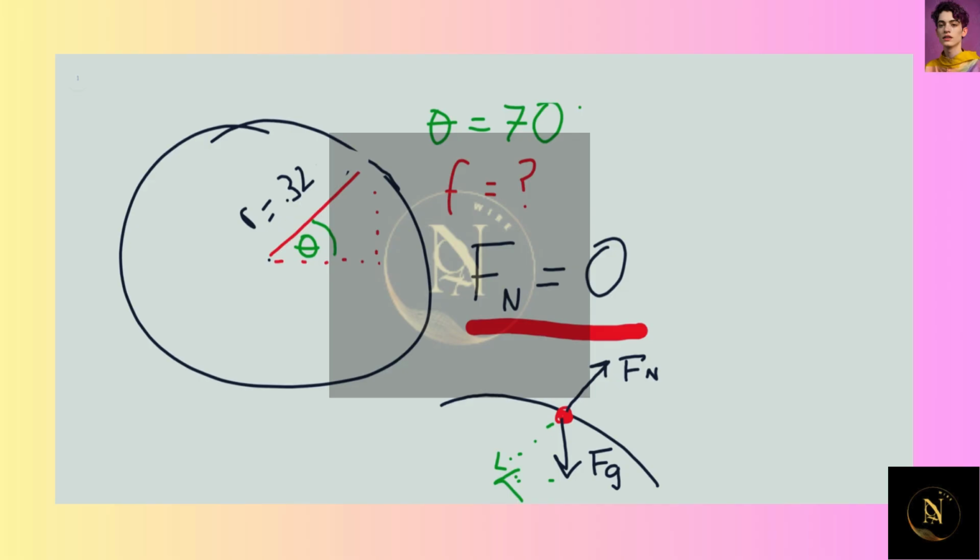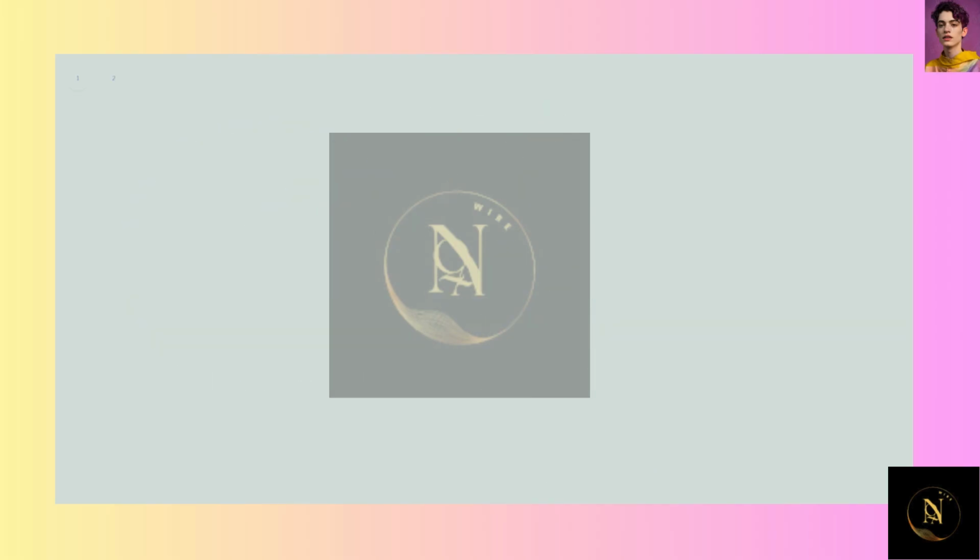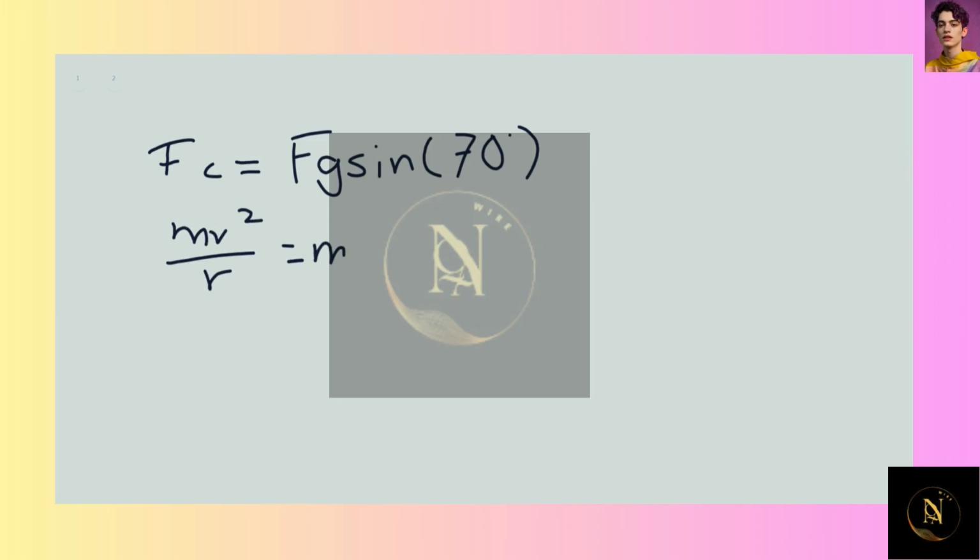From this, we can see that the centripetal force must be created by Fg times the sine of 70, which is the angle theta that we're given in the problem. So we can say that mv squared over r equals mg sine of 70. Now we can solve for v by plugging in.